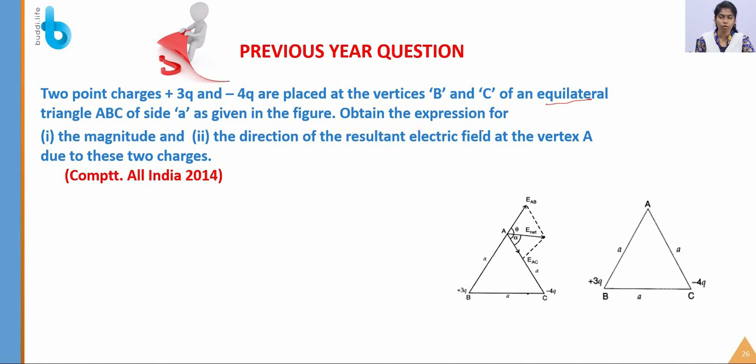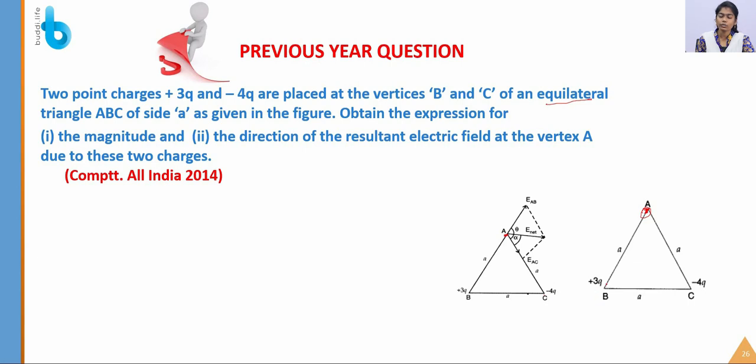Obtain the expression for the magnitude and the direction of the resultant electric field at the vertex A due to these charges. What about the resultant electric field at the vertex A? They are asking, right?